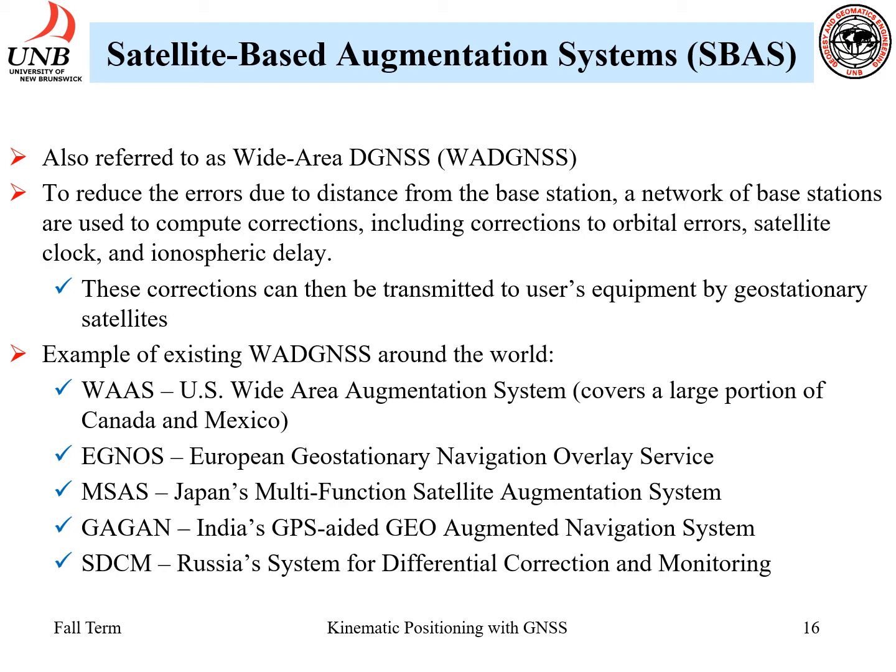Japan has its own, called the Multifunction Satellite Augmentation System. India also has a system called GAGAN, GPS-Aided Geo-Augmented Navigation System, and Russia is developing its own, known by the acronym SDCM, which stands for System for Differential Correction and Monitoring.